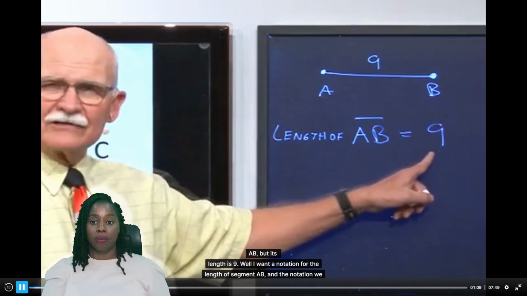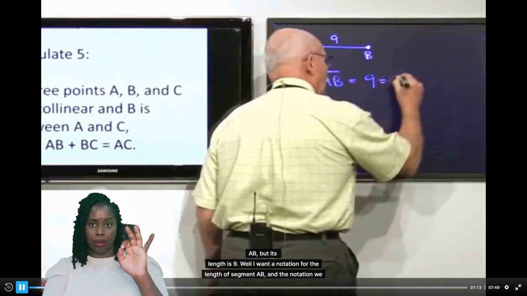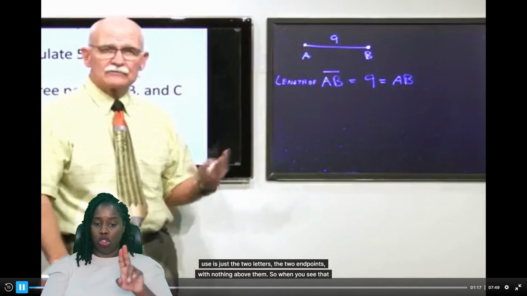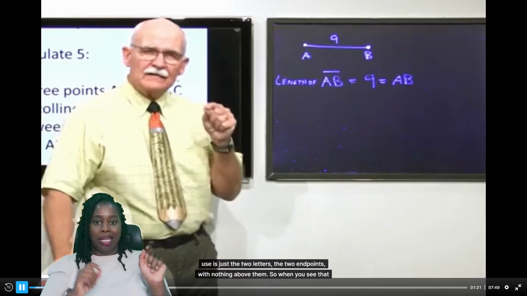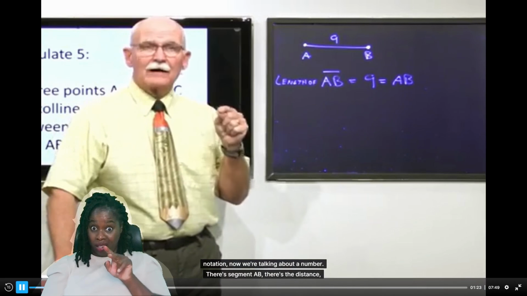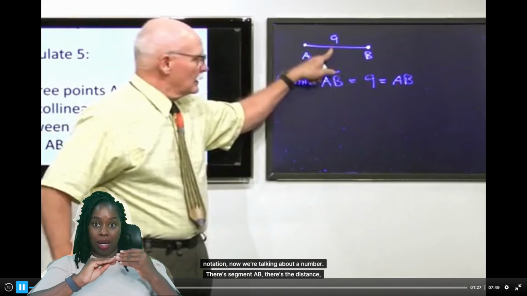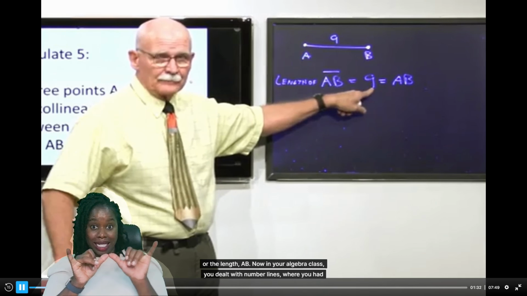Well, I want a notation for the length of segment AB. And the notation we use is just the 2 letters, the 2 endpoints, with nothing above them. So when you see that notation, now we're talking about a number. There's segment AB, there's the distance or the length AB.